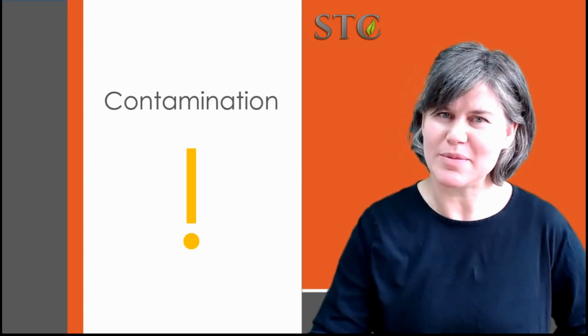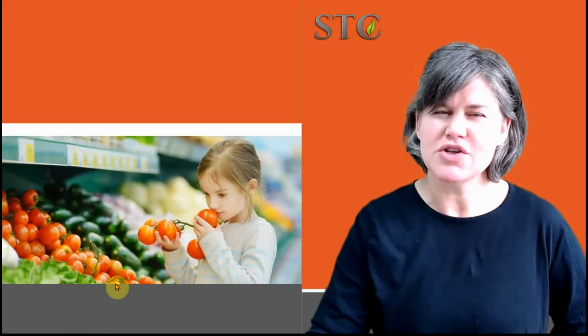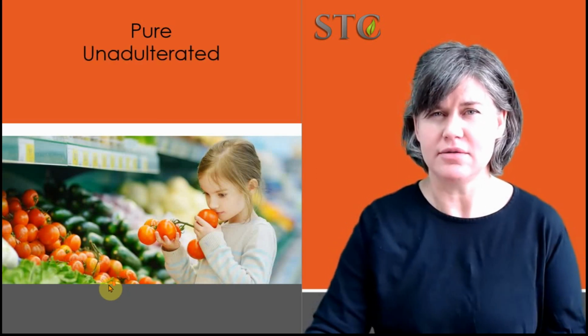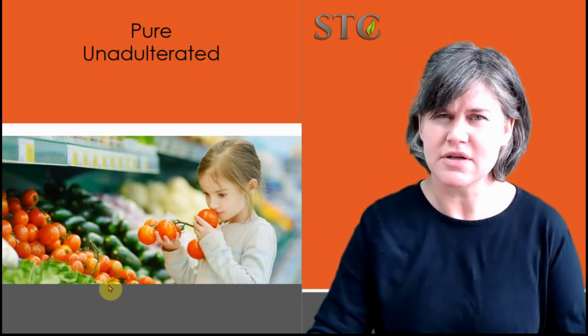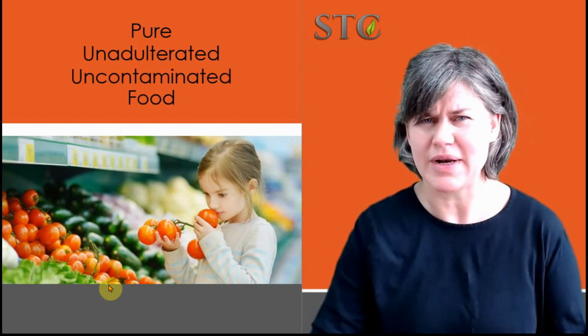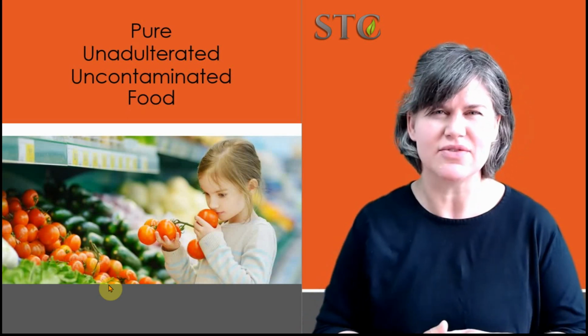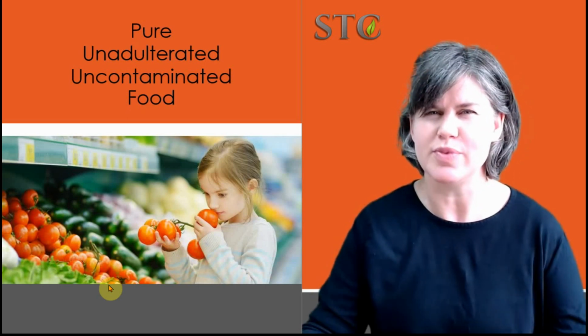Let's talk about contamination. We are making products that we want to be pure and unadulterated, which means uncontaminated. Unadulterated means not changed in any way negatively, so it is what it's supposed to be.